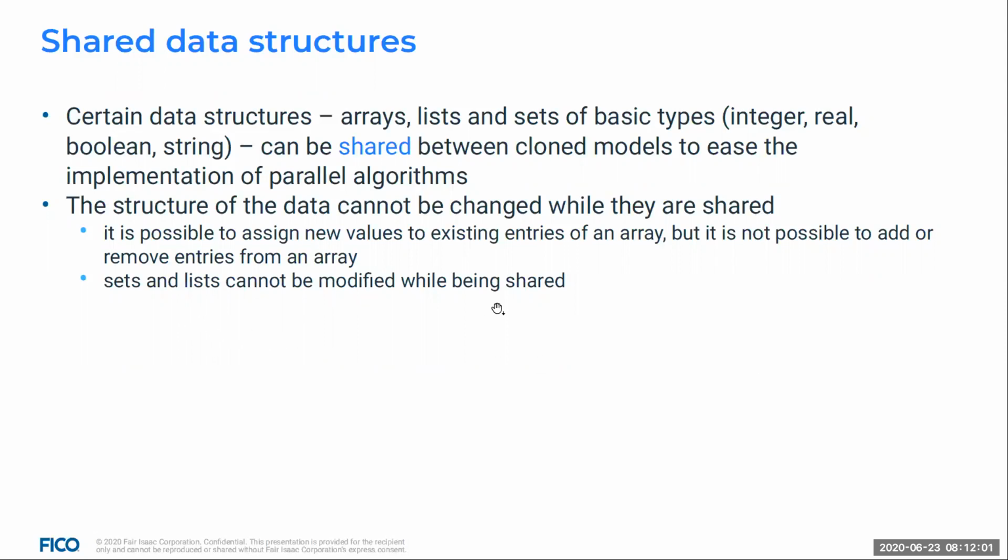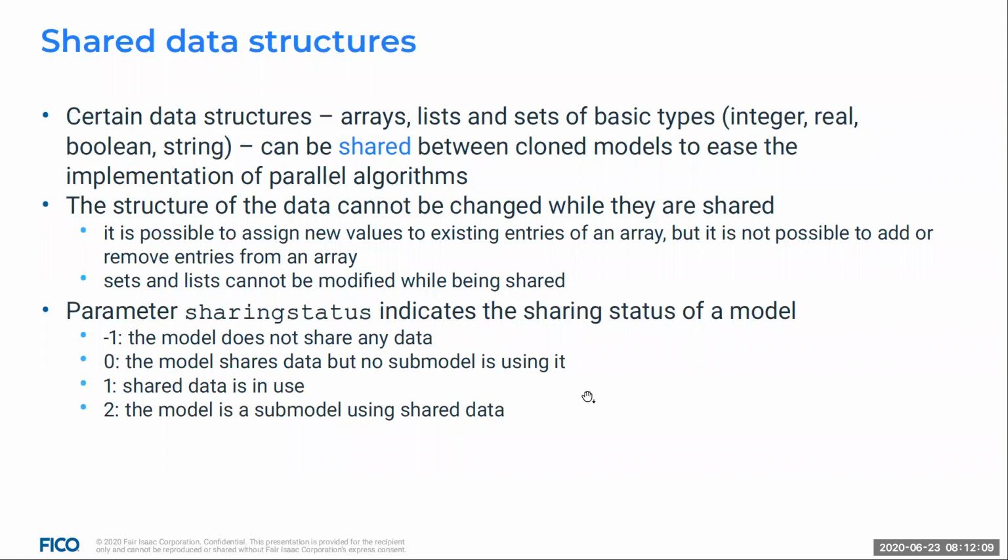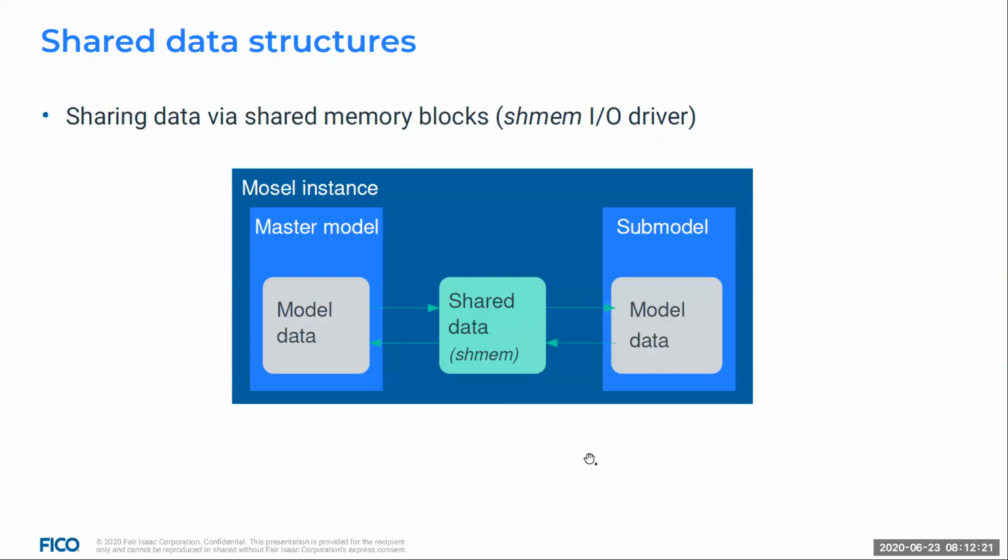And sets and lists cannot be modified while they're being shared, just to guarantee consistency of the data representation. There is a parameter, sharing status, that indicates whether a model shares any data, whether it has definitions to share data, and whether it's actually in use or not actively sharing data right now.